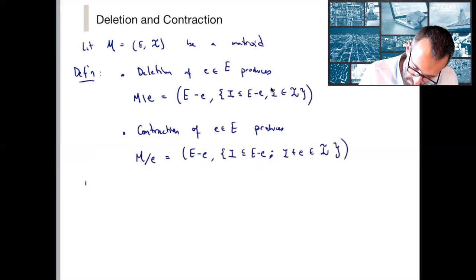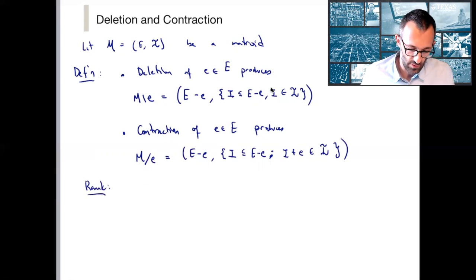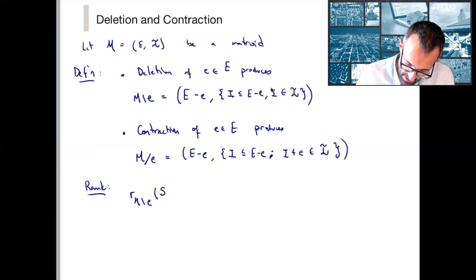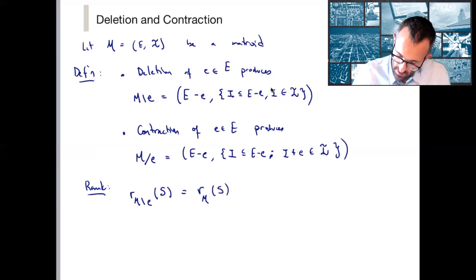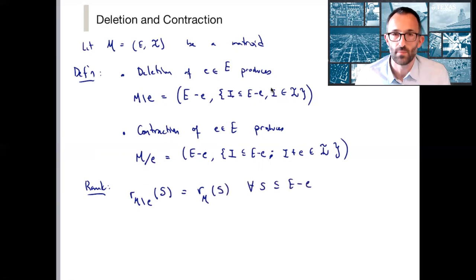And then the rank functions are defined in the following way. The rank in M with the deletion of an element e of some subset S is equal to the rank of S in the original matroid M for any S that's a subset of E minus e. That's all we need to define it.